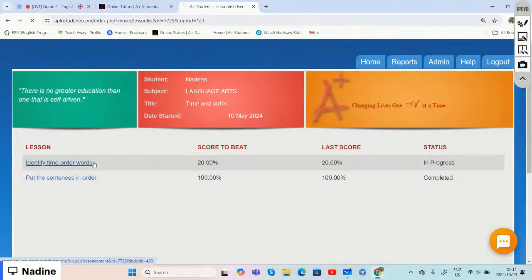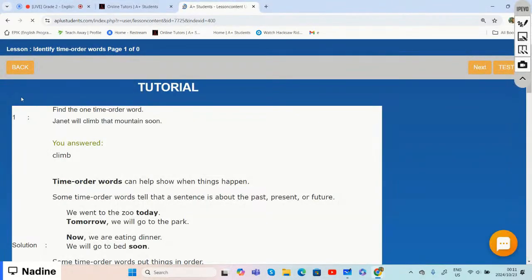And we're going to identify time order words.